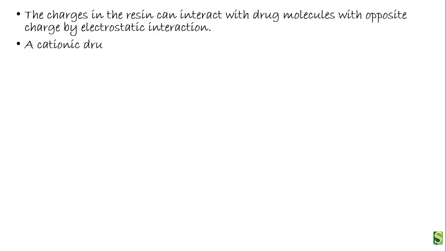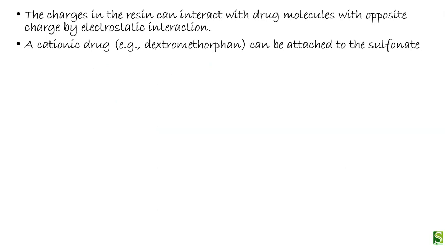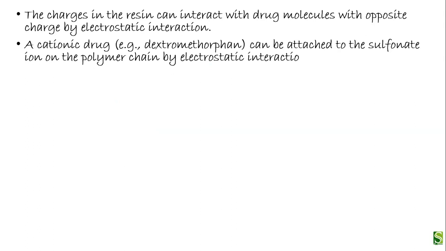The charges in the resin can interact with drug molecules of opposite charge by electrostatic interaction. A cationic drug, dextromethorphan, can be attached to the sulfonate ion on the polymer chain by electrostatic interaction.